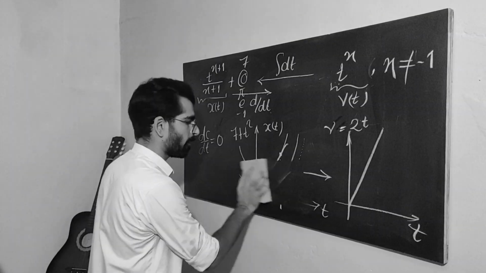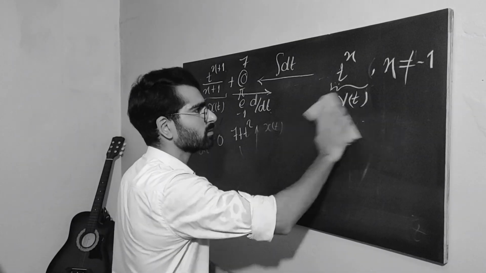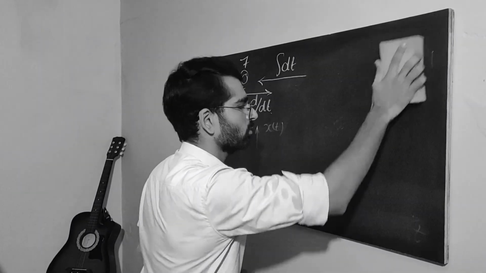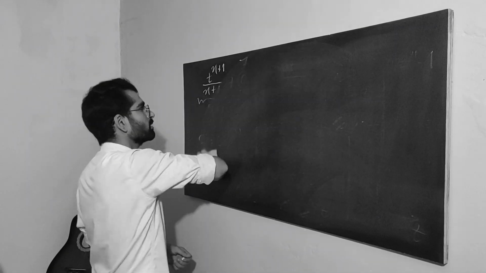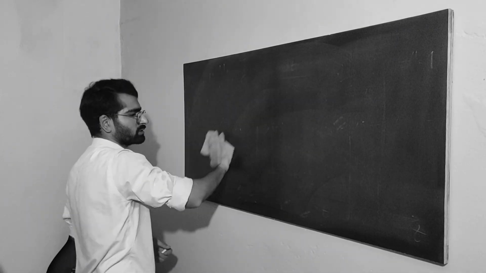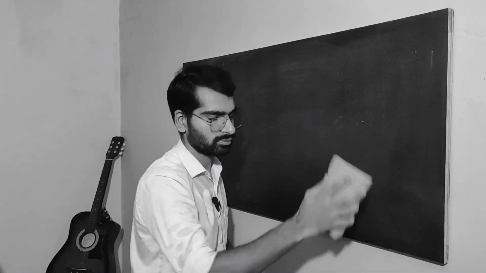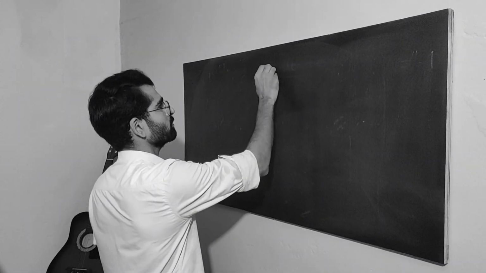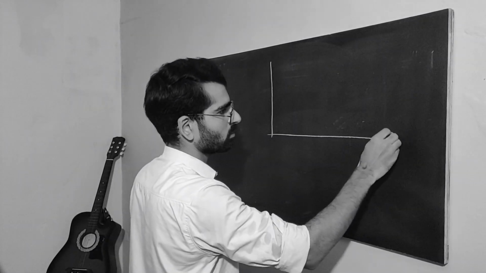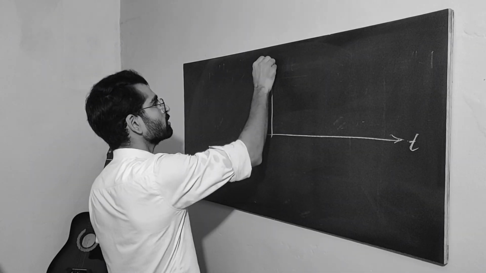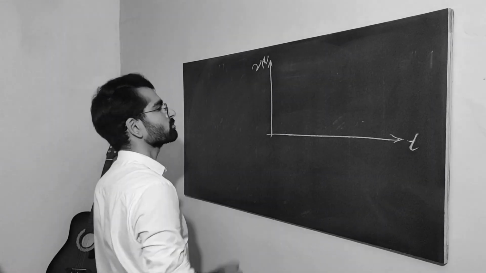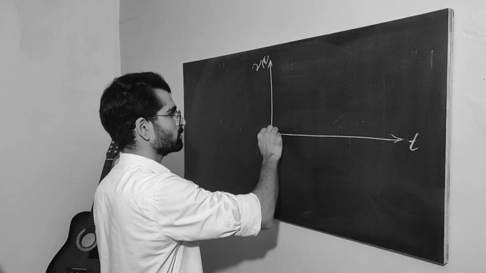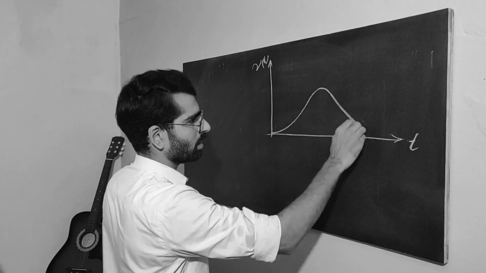So now I want to talk about why looking for the area under the curve gives you distance traveled. And for that I need a function. Still, the velocity function, and this function goes like this.